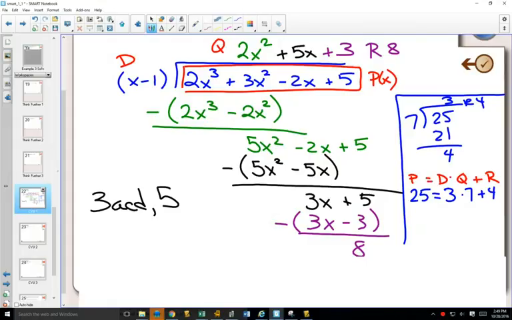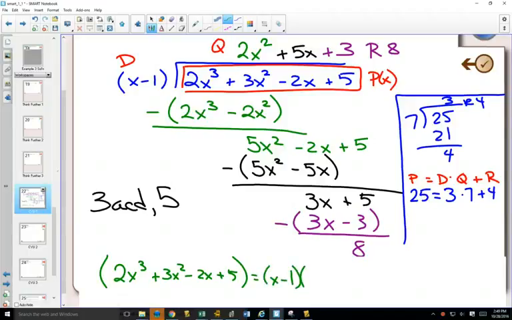So if I was writing my division statement for this question that we just did, we would say our polynomial is 2x cubed plus 3x squared minus 2x plus 5. That was our original polynomial, equals our divisor, x minus 1, times our quotient, which we got 2x squared plus 5x plus 3, and then we have a remainder of 8.